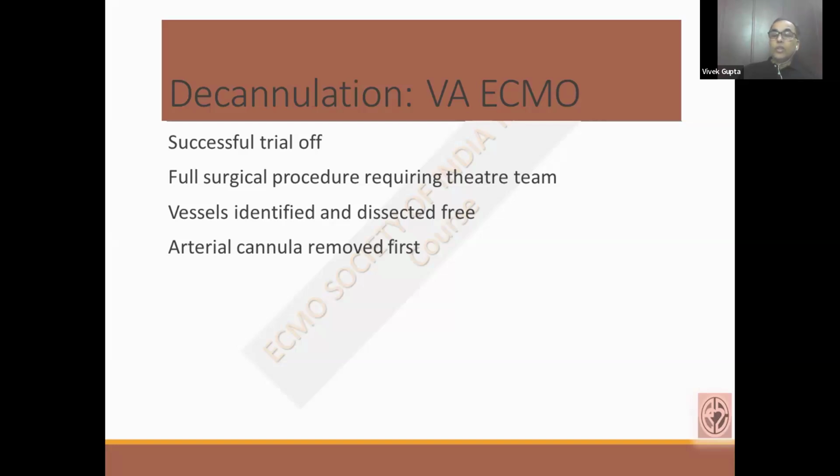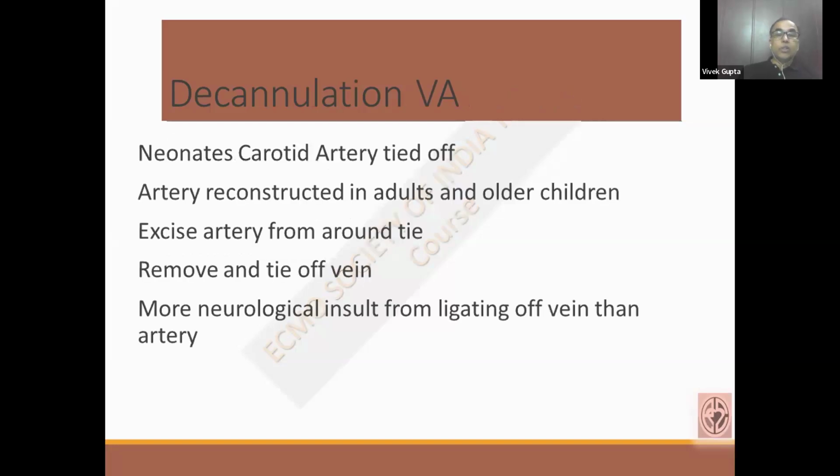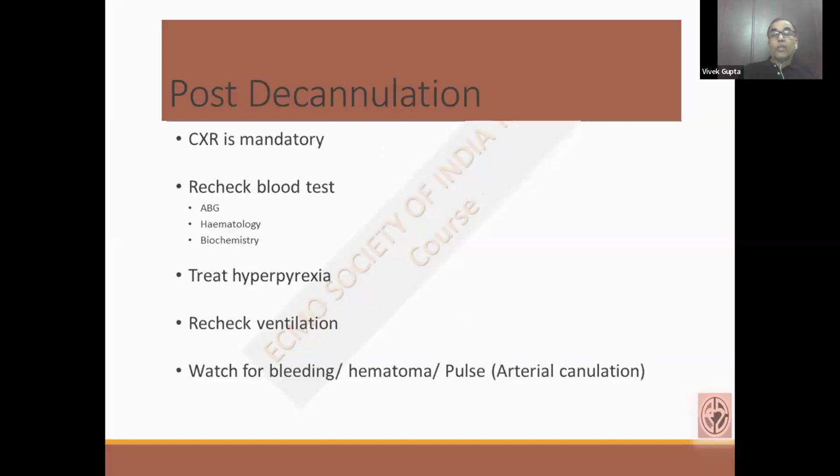For the vein, you can just apply pressure, which will be sufficient to stop the bleeding in this patient. If we talk about neonates, the carotid artery is always tied off. In adults and older children, we do a reconstruction of the artery. And if ligation of the vessel has been done, there is always a risk of neurological insult.